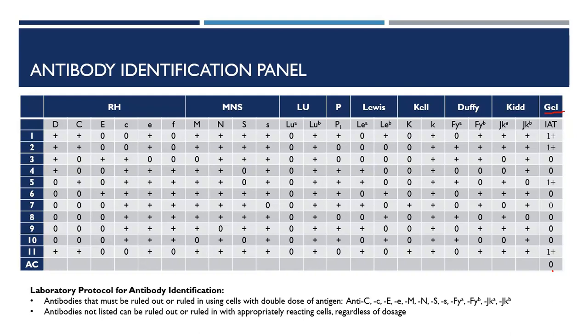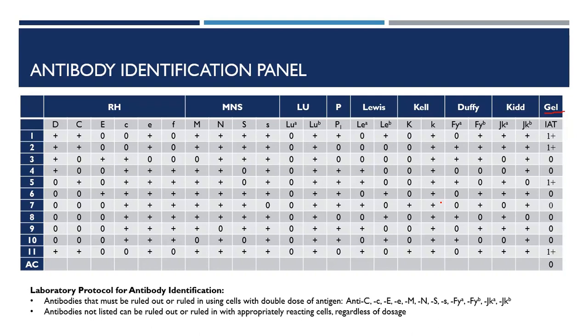Our autocontrol was negative, so based on our analysis of our screen, we had made an initial hypothesis that we were not dealing with an autoantibody, and the testing that we did on the panel shows that the likelihood of this being an autoantibody is very low because the autocontrol was negative.